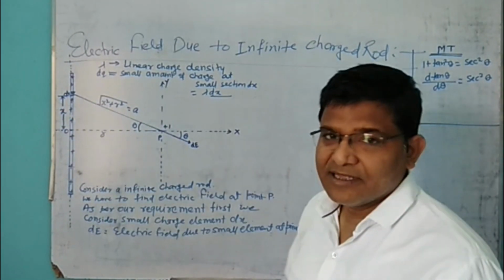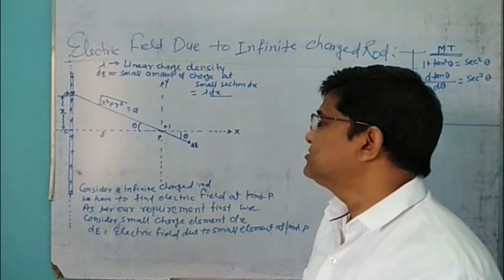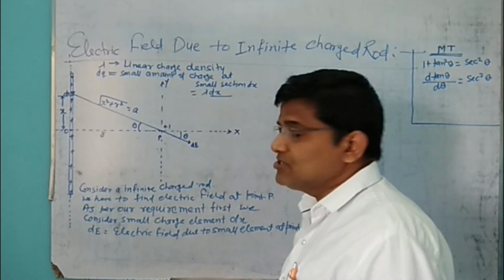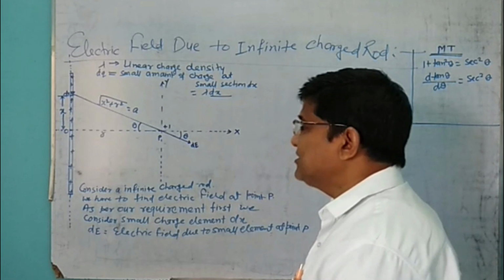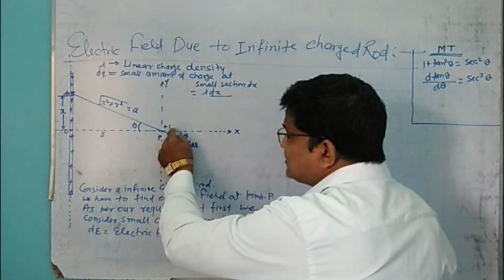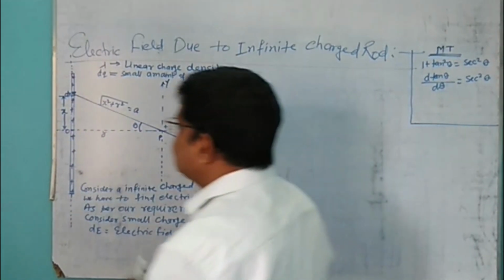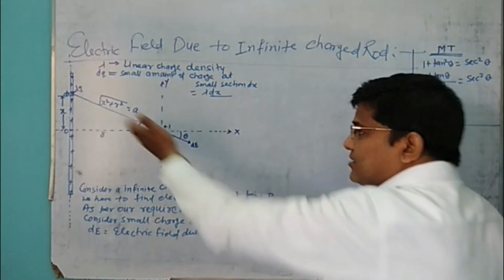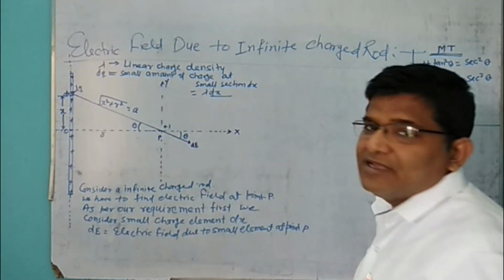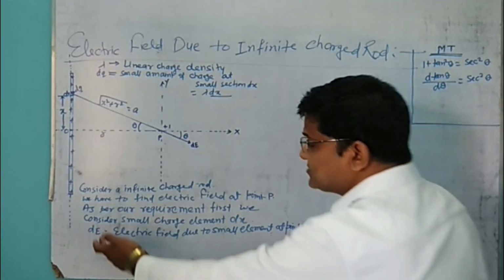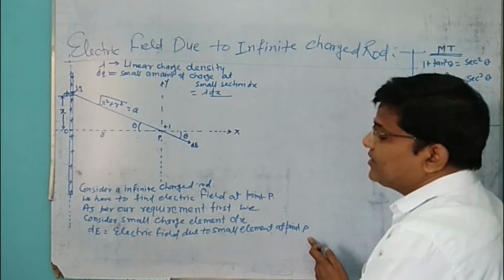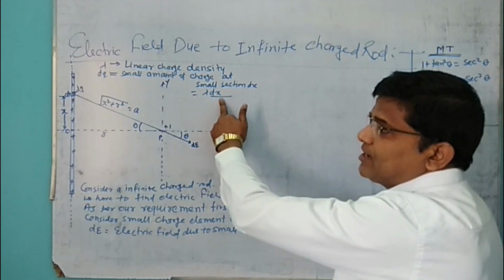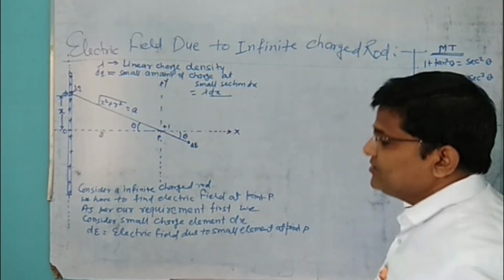First of all, consider it a source charge and apply the Coulombic force by putting a unit positive test charge at point P. Due to this plus 1 charge and the dq charge, repulsion occurs, and the electric field is dE. dE is the electric field due to a small element at point P, and dq is the small amount of charge at a small section dx, lambda dx, where lambda is the linear charge density.